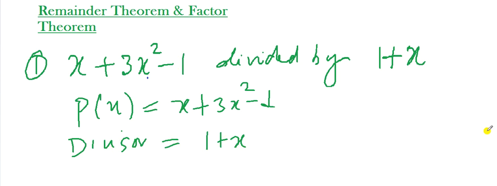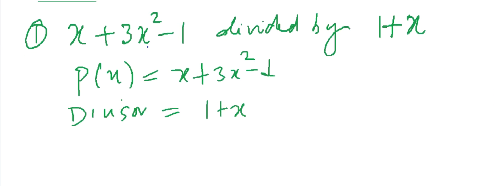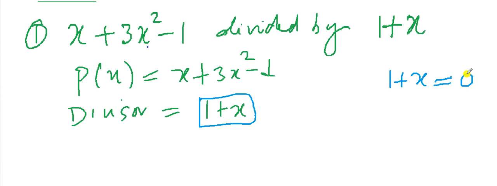Now according to the remainder theorem, it is given by x is equal to a. So what you have to do is, whatever is your divisor, 1 plus x, always equate it to 0, which will give you x as negative 1, okay, and this negative 1 is just like your a, p of a you will find.